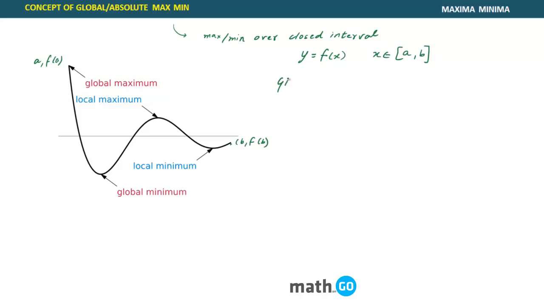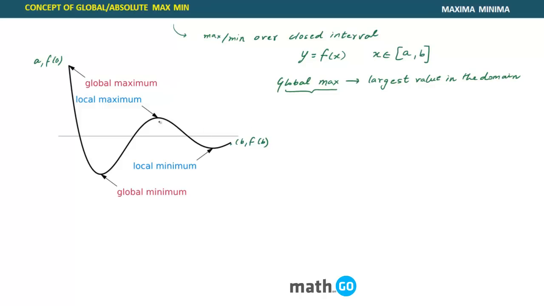So what do you mean by global maximum value? Global max, as the name suggests, is the largest value in the domain. This is what is meant by global or the absolute value.